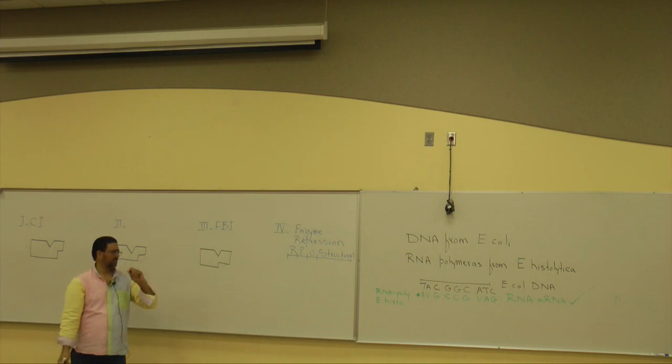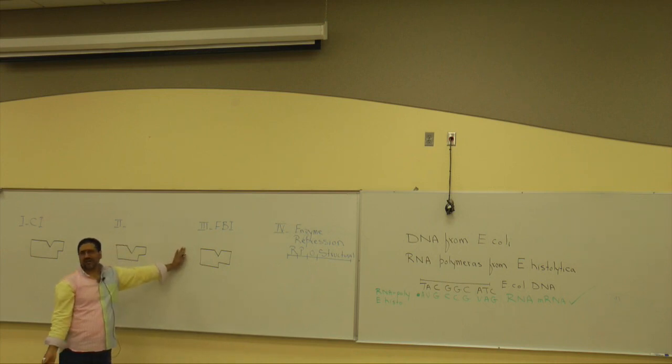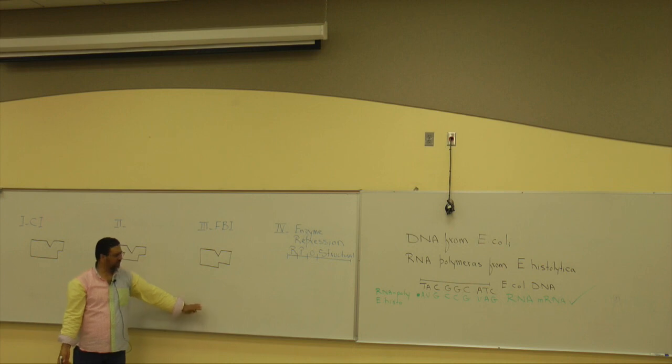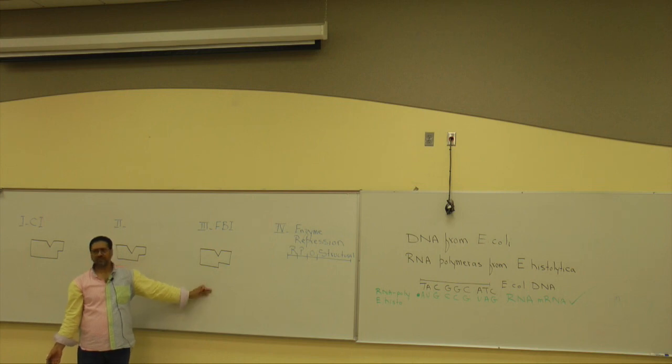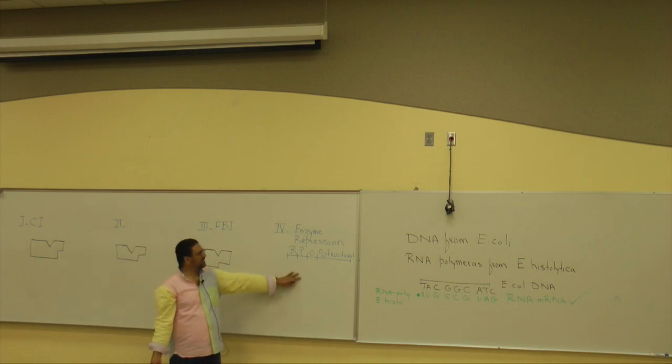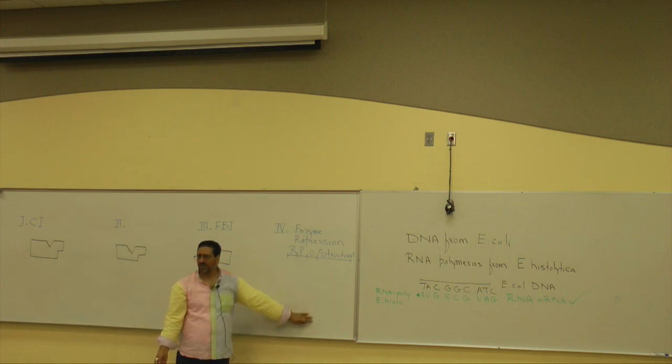Feedback inhibition is a process by which cells regulate or control the synthesis of end product. When the end product is plentiful and not needed, the end product will shut off its own synthesis. Same thing happens in enzyme repression.